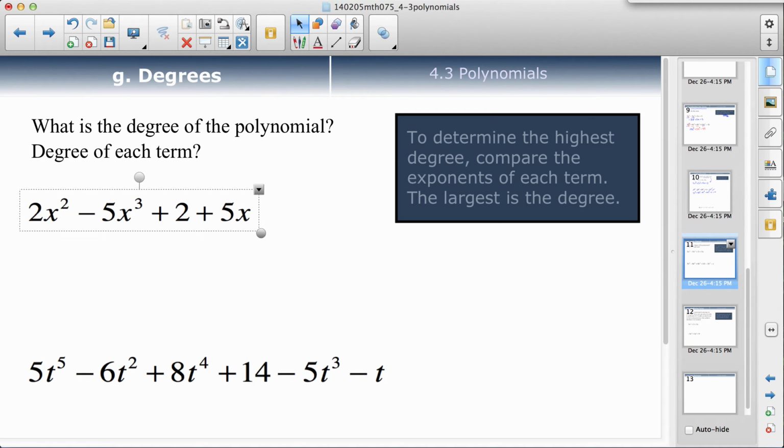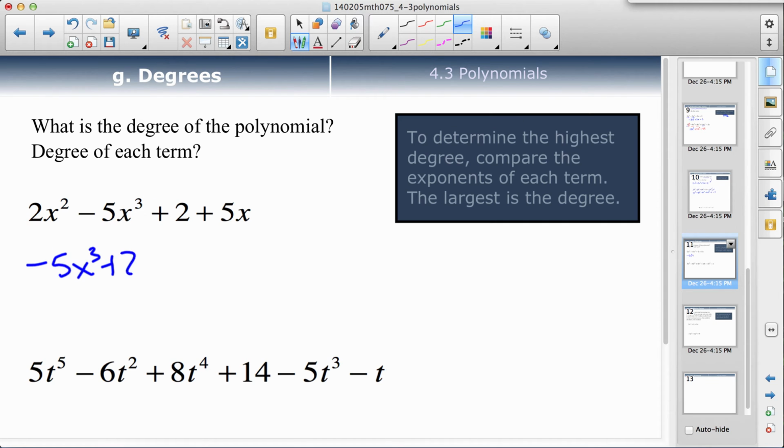Related to that descending order thing is when you look at a polynomial like this one, sometimes we want to know what degree it is. The degree refers to the highest power that you have. So if I write this in descending order, 2x squared plus 5x plus 2, this highest power right there tells me what degree the polynomial is.